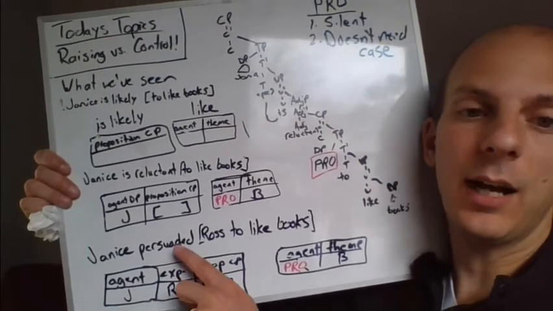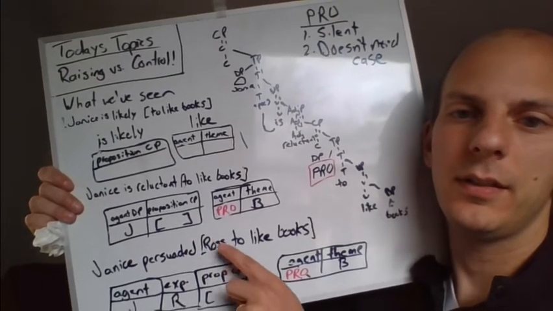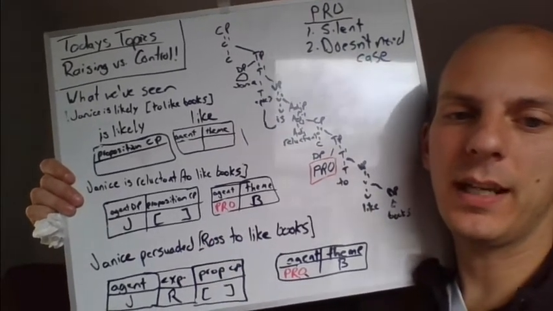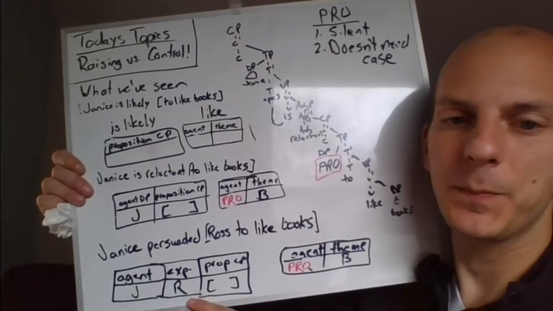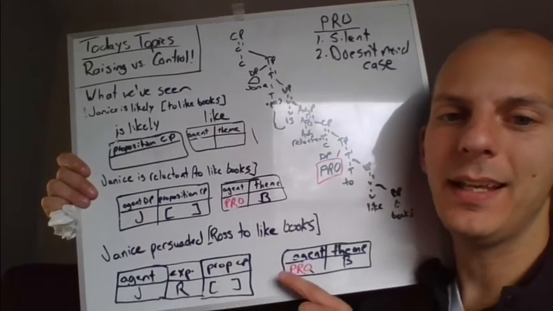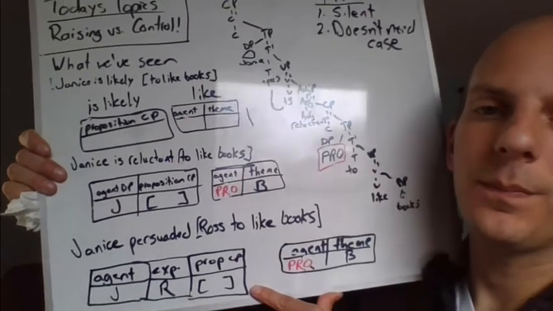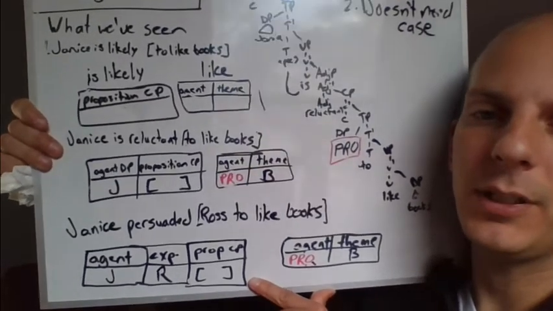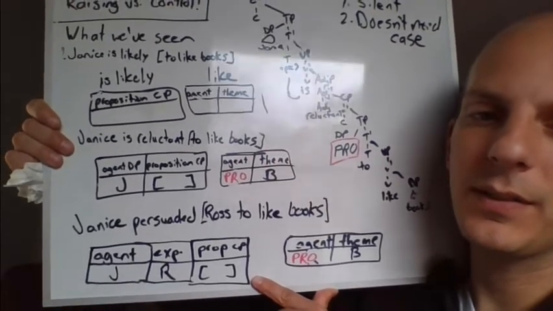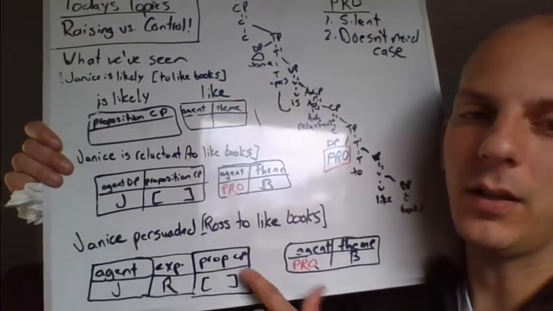Ross is going to be the complement of the persuading in this scenario. It's going to be a verbal complement there, sister to the V head persuading. And this proposition is going to be an adjunct for now. Now this brings up its own problems, but we don't have too much time to talk about this. So for now, just list this proposition as an adjunct of persuading.